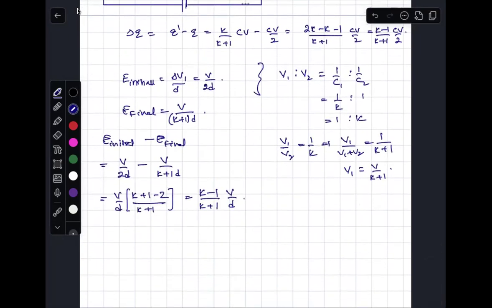Decreases by this much: K minus 1 by K plus 1 times V by D. This is the decrease in electric field in the first capacitor, or the capacitor where dielectric is inserted. Now, please tell me, do you have any doubt anywhere, any step related to this question?